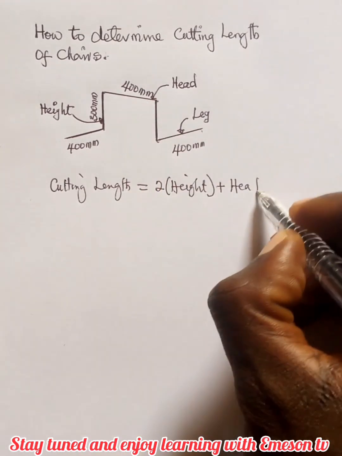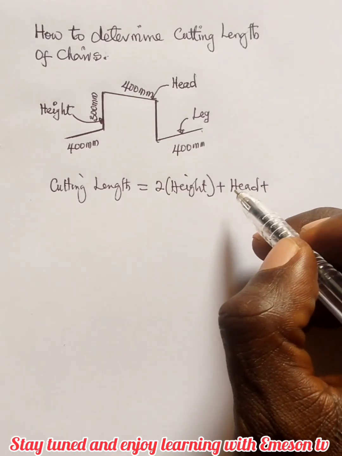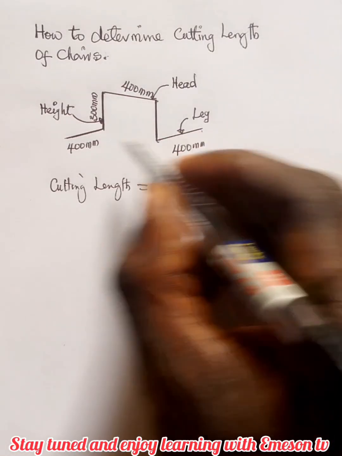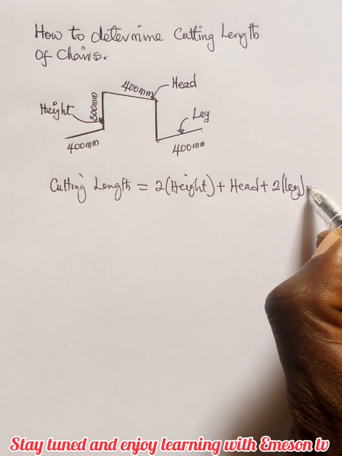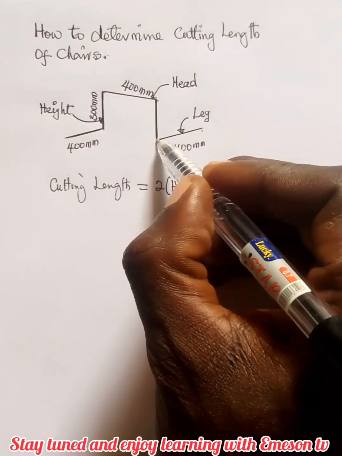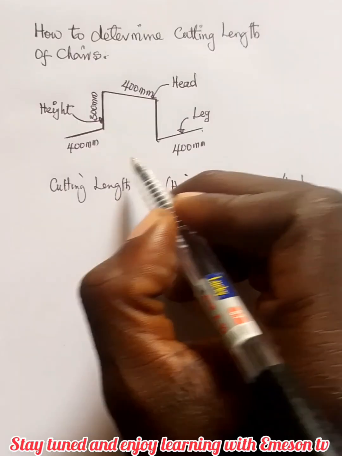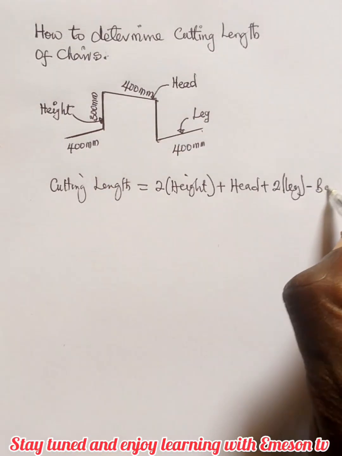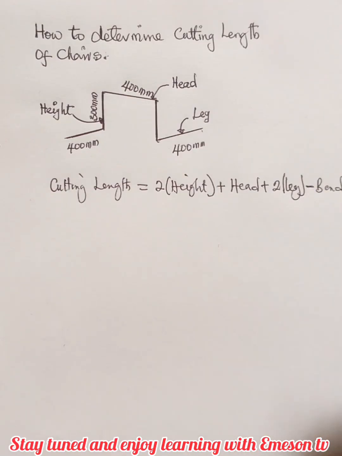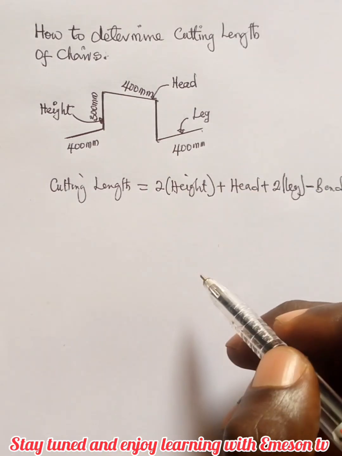That is 1 head. Plus the leg. The leg is 2, this and this. 2 legs. Then we have to subtract these bends. We have this, and this. We have to subtract the bend for us to get the exact cutting length of this chair.